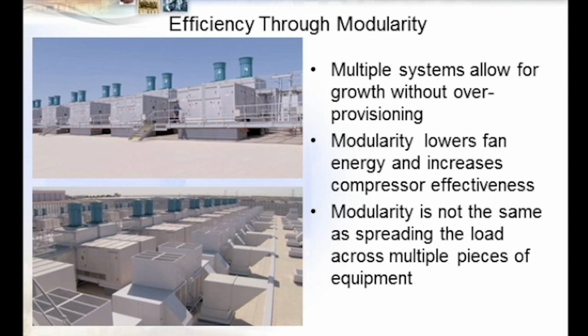One way to combat that is modularity in data centers. Modularity is, I think, a pretty overused word. When we apply it to data centers, it's important to understand modularity is not just taking the load and spreading it out over UPS modules or chillers or air handling units.